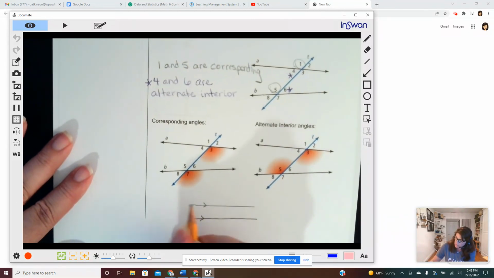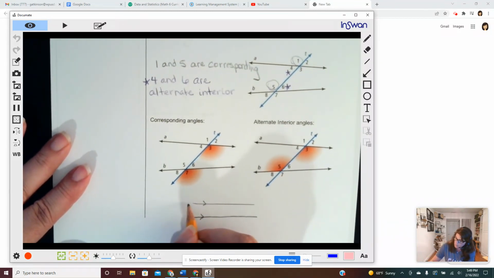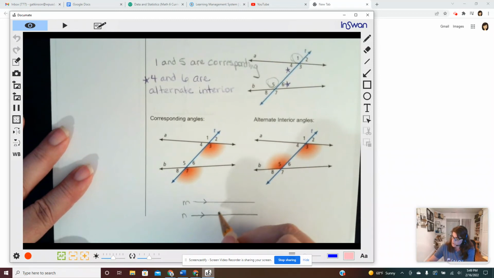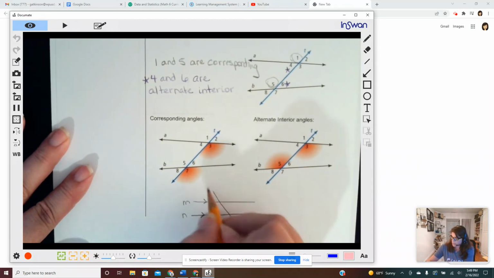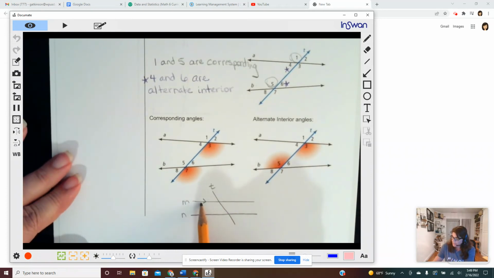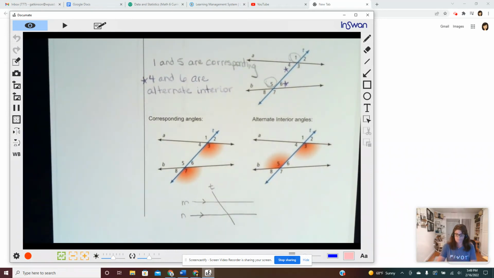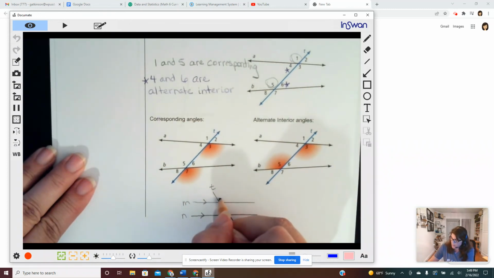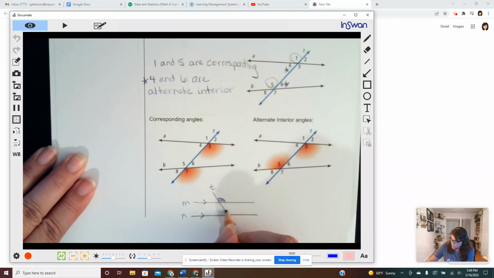So I have line M and line N, and I'm going to draw a transversal, line T. If these are parallel, then I have congruent angles right here where they're corresponding.